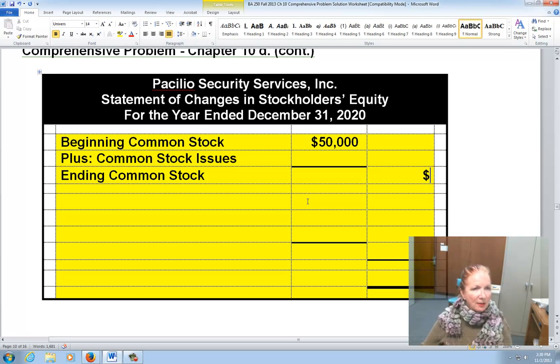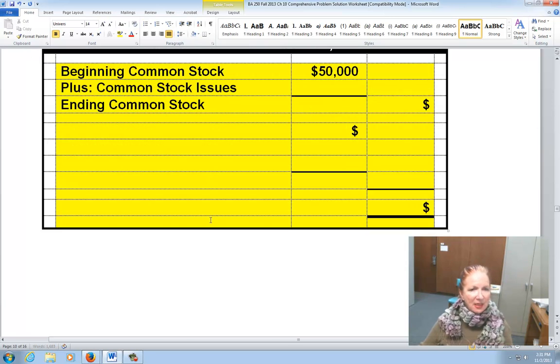When we do our beginning retained earnings, we also have a dollar sign because we're starting a new list, and we do not have a dollar sign here because this list is already started, but then we have one here because it's our total. So be sure that you watch for those characteristics. So we're going to have retained earnings, earned capital in here, and then we're going to have total stockholders' equity here at the bottom.